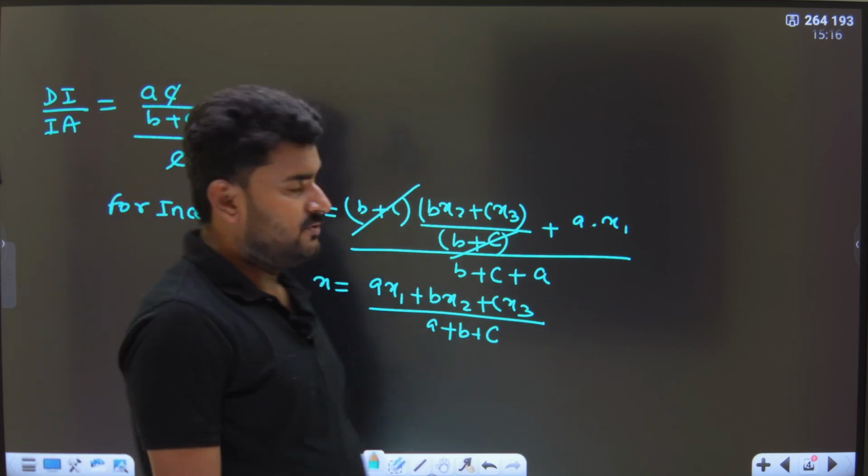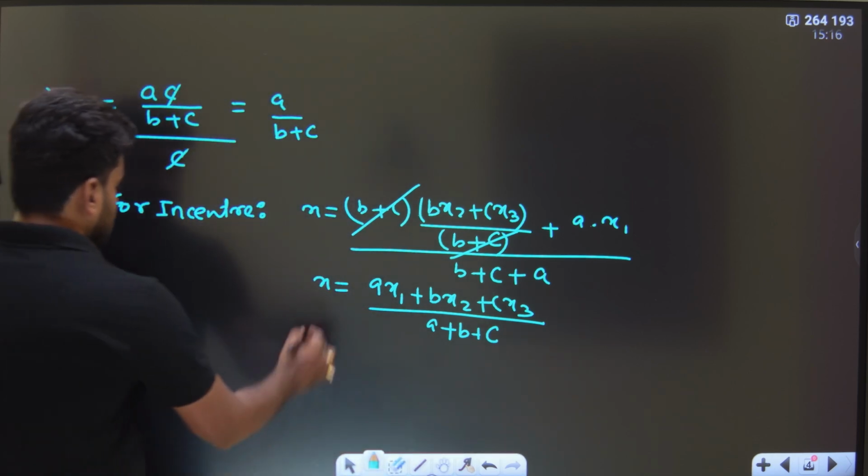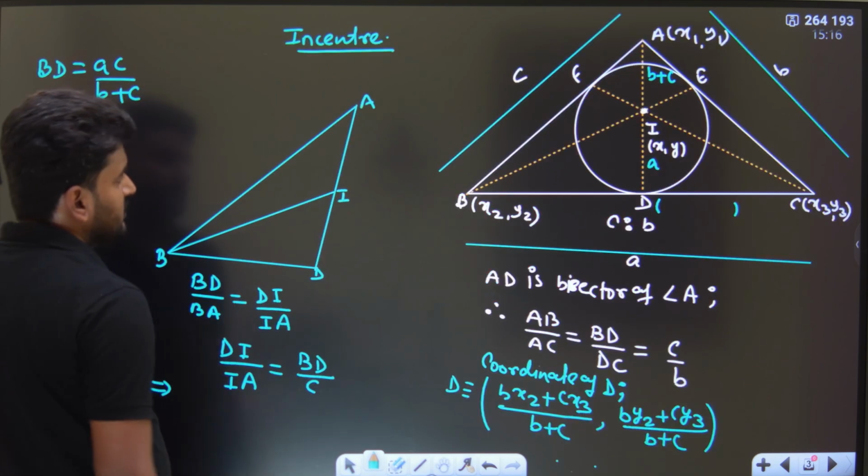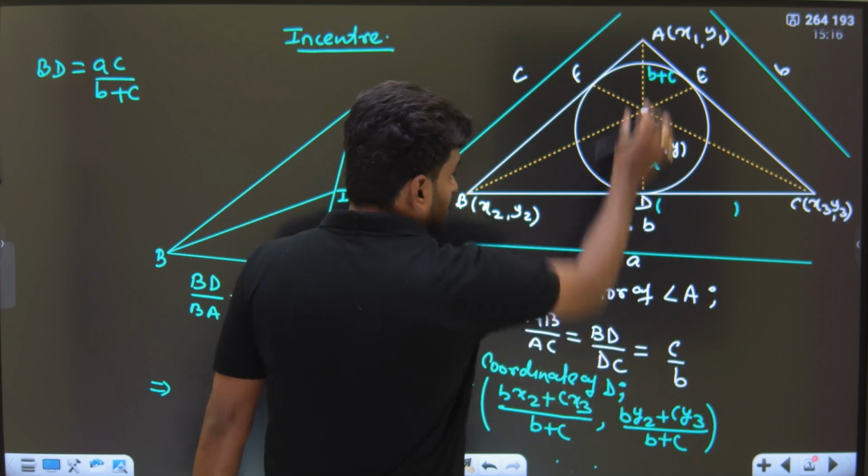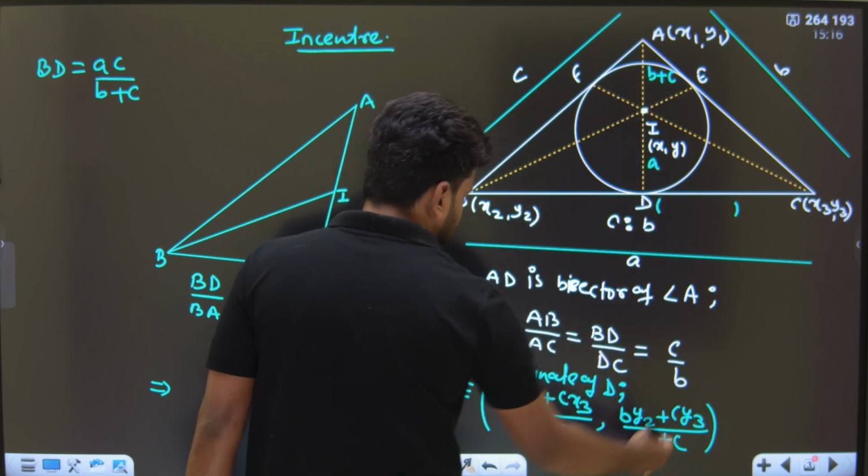So now you got x, and similarly when you find y, then B plus C means m, y2 in place of y2 is this term.